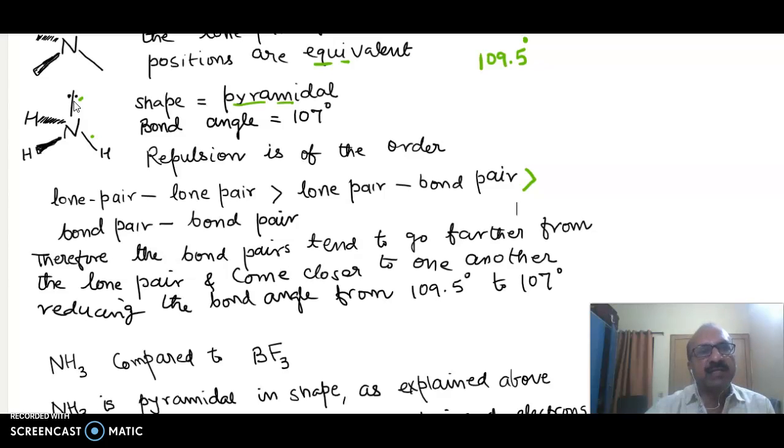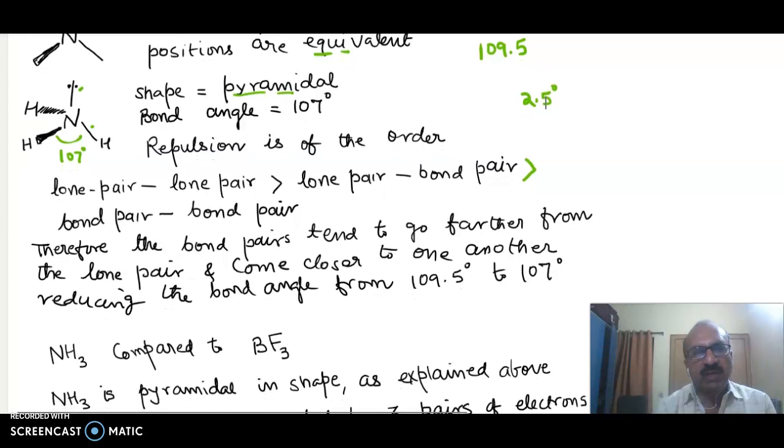So because of the greater volume, the repulsion is greater. For a bond pair, there will be a minimum repulsion, so these bonds will go farther from the lone pair, and therefore the bond pairs will come closer together and the bond angle will get reduced. This bond angle becomes almost 107 degree. So you can say that due to one lone pair, the bond angle gets reduced by about 2.5 degrees. So 109.5 becomes 107. That's now quite straightforward to understand.